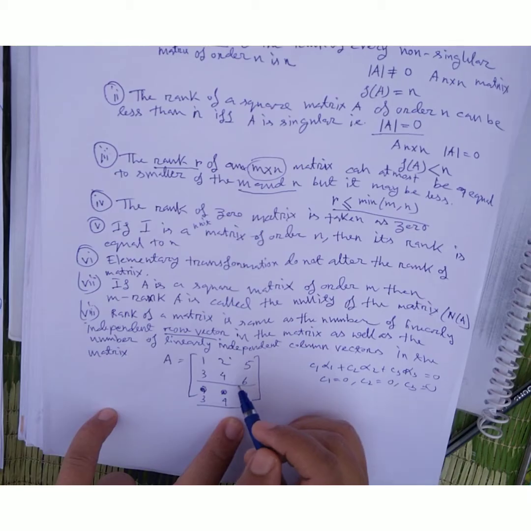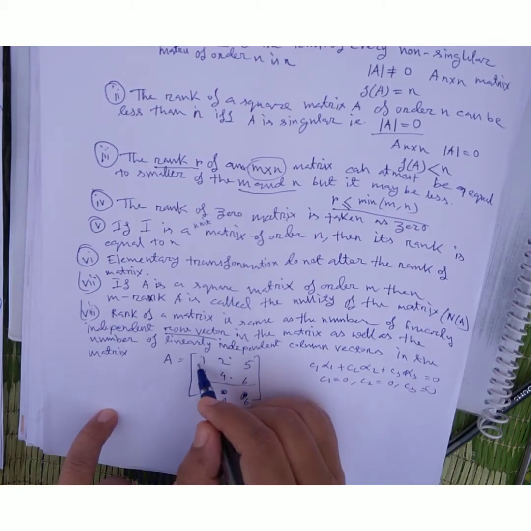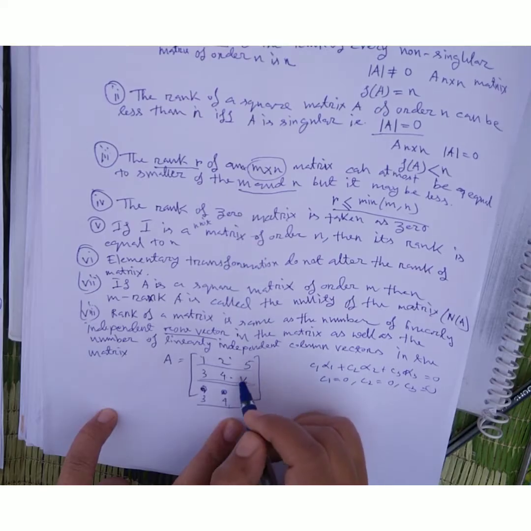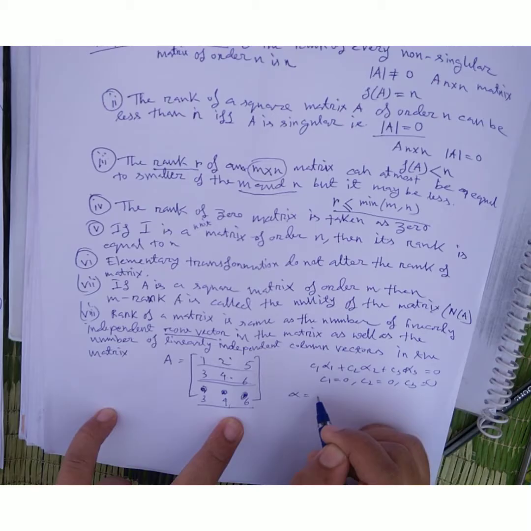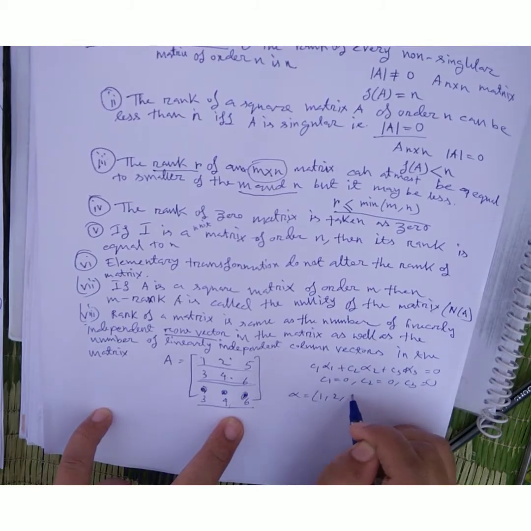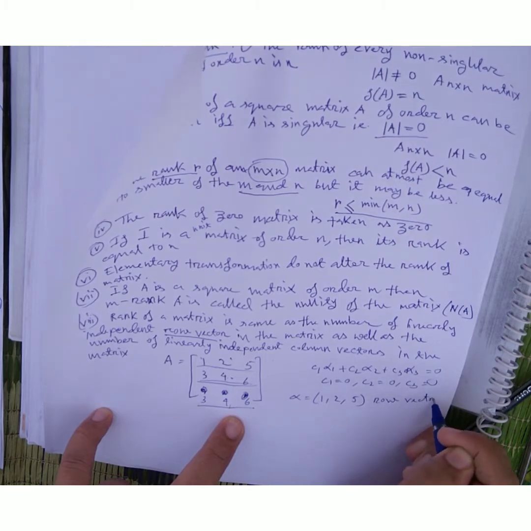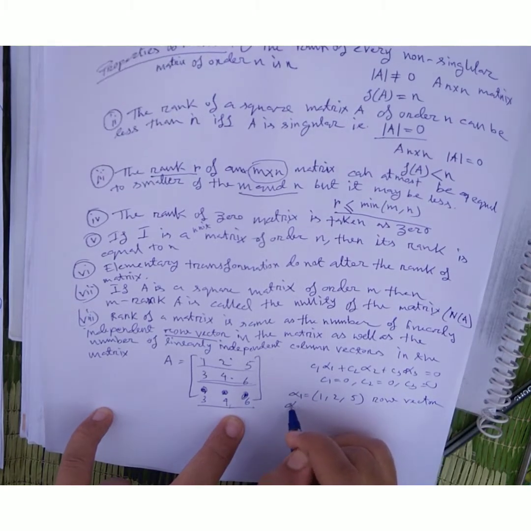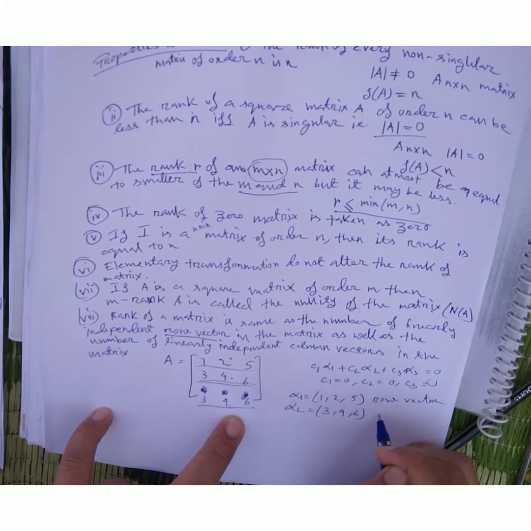Row vectors: alpha 1 is, let's say, 1 2 5, and alpha 2 is, let's say, 3 4 6. These are the row vectors.